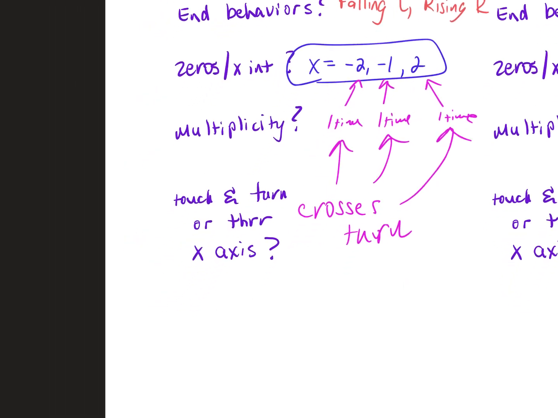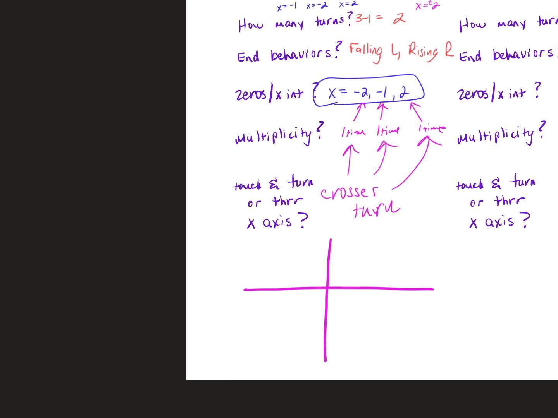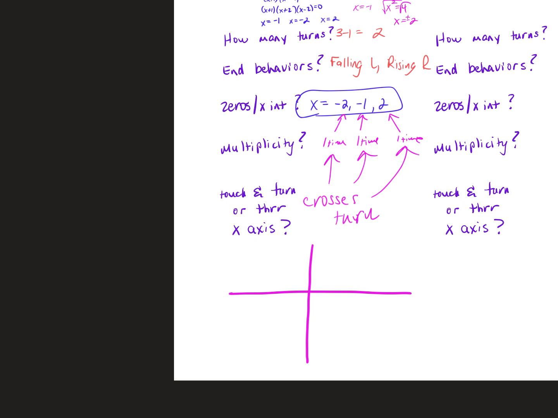So if you had to draw a picture of this, let's think about all the stuff we just figured out. First of all, what are the ends looking like? What was our end behavior? Falling left and rising right. Just kind of give yourself a little, okay, that's what the end should look like. Where does this graph cross the x-axis?